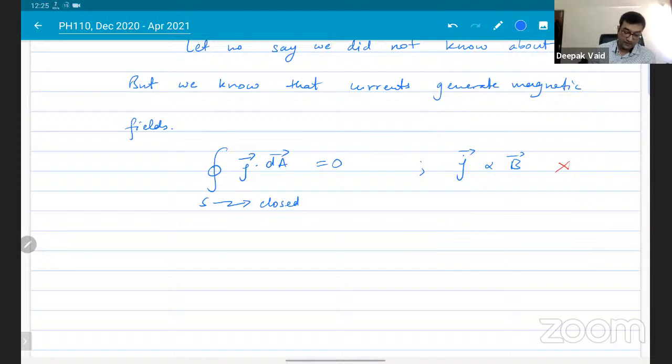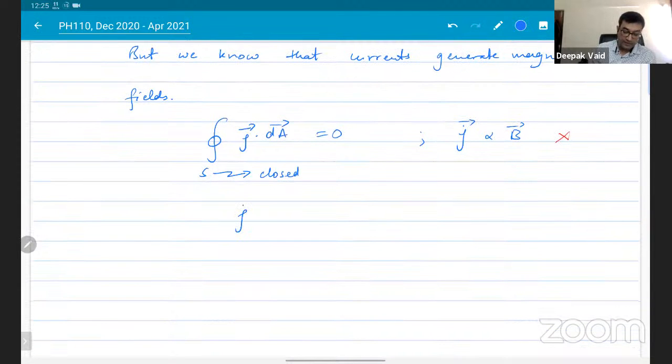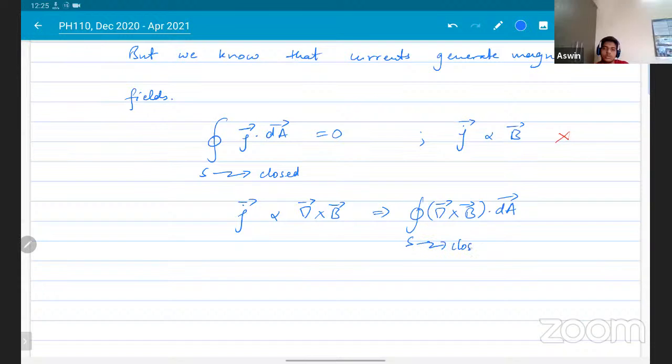So if you say that J is proportional to the curl of B, then what is the flux of the curl of B through a closed surface?